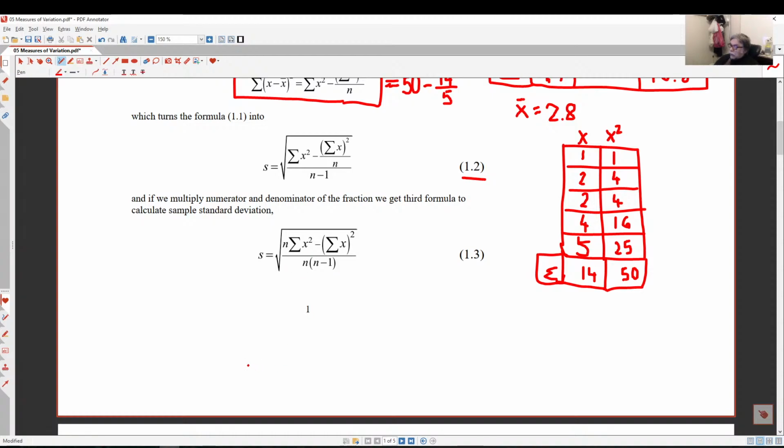So how is this formula used? Very simply, by using this 2-column table, when you just need the x's and the x squares. So the formula says, okay, you need to get a radical for the sample standard deviation. You need to have n times the sum of x squares. The n in this case is 5. You have 5 items. Times the sum of x squared, which is 50.